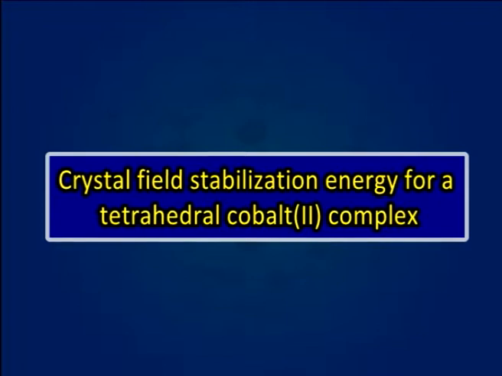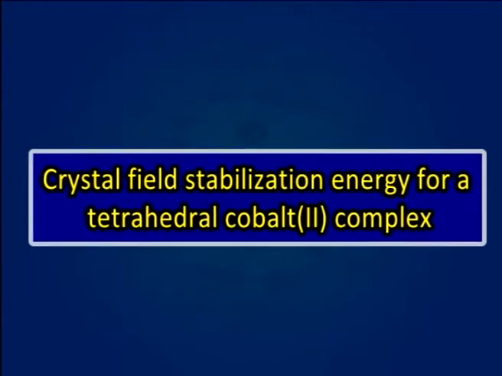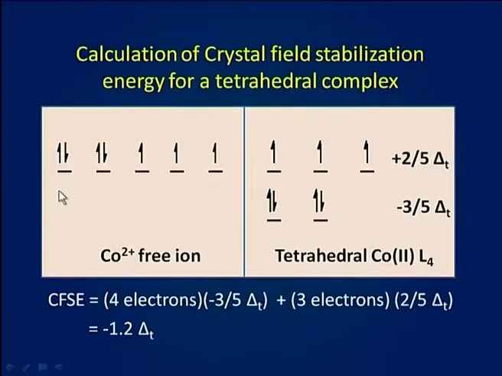Let us calculate the crystal field stabilization energy for a tetrahedral cobalt-2 complex. You know that cobalt-2 plus is a d7 ion. The electronic configuration of the free ion and the tetrahedral complex are shown here. Here you can see the electronic configuration of cobalt-2 plus in free ion, and here the electronic configuration of cobalt-2 plus in tetrahedral field.